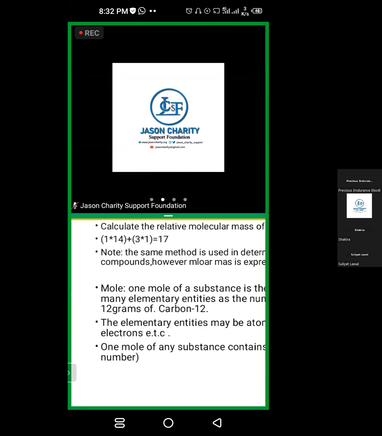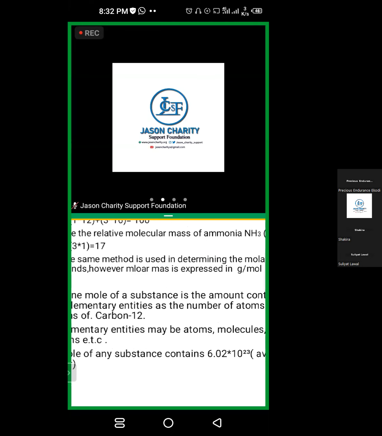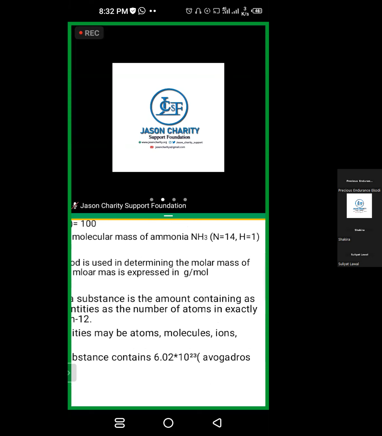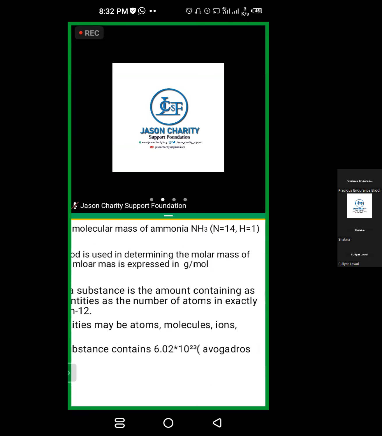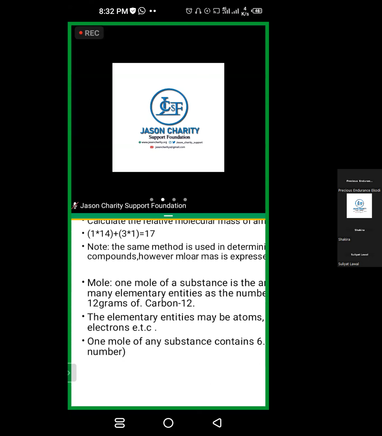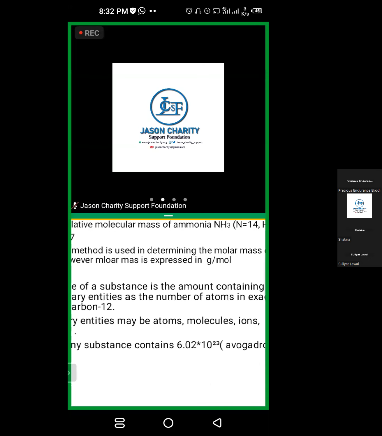Now, going to mole. What is mole? One mole of a substance is the amount containing as many elementary entities as the number of atoms in exactly 12 grams of carbon. We established that 1 mole of every substance is the same thing as 6.02 times 10 raised to the power 23 particles of that substance.